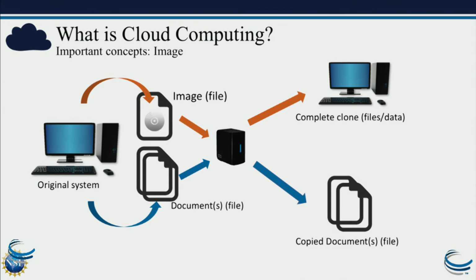Your background on the desktop, the images of your cat, all of those things would be as they were on the original computer. So an image file contains individual files like PowerPoint slides, but it also contains an operating system, all the settings and parameters. So an image is a specific type of file that's really a complete clone of a system.